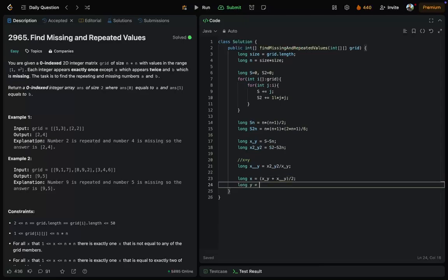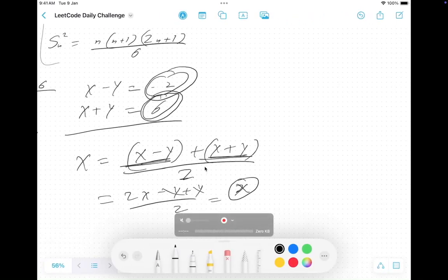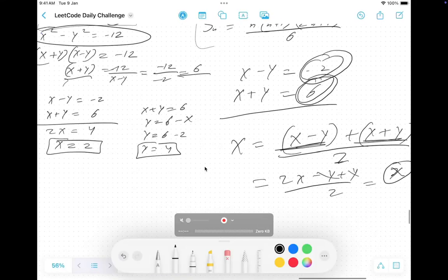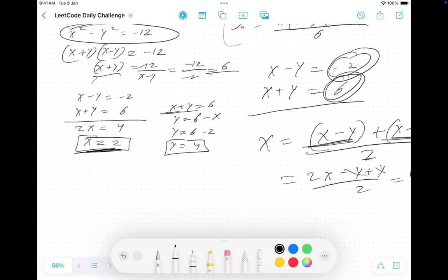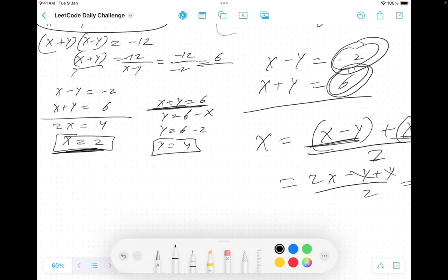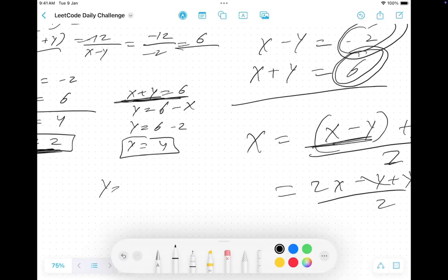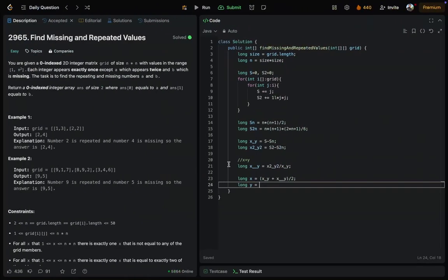And what is y? Y, we know our x. Our x is 2. So we know our x plus y. So to find y, we can write it like this: x plus y minus x. Yes. So y is x plus y minus x.